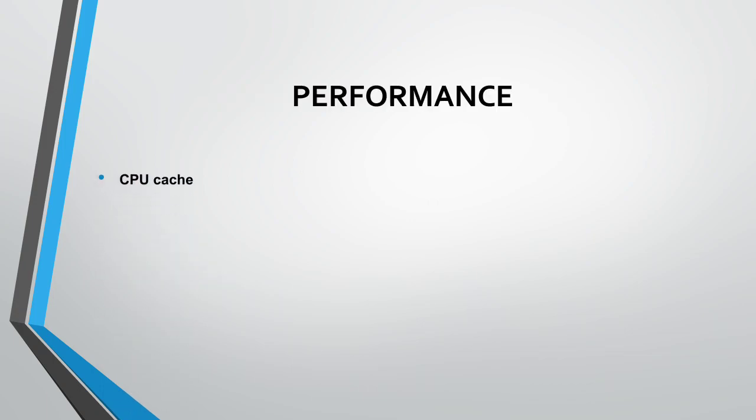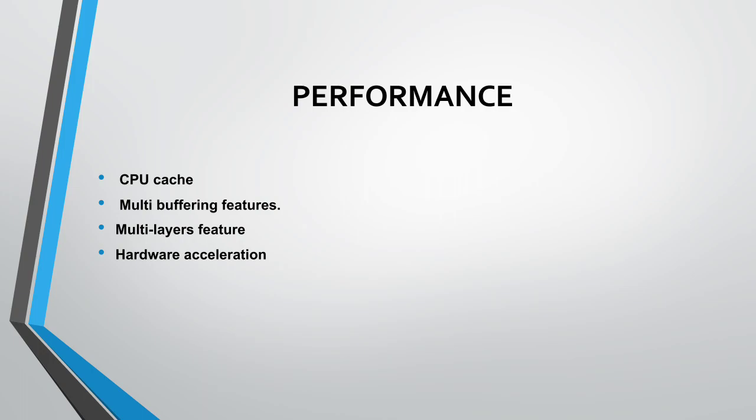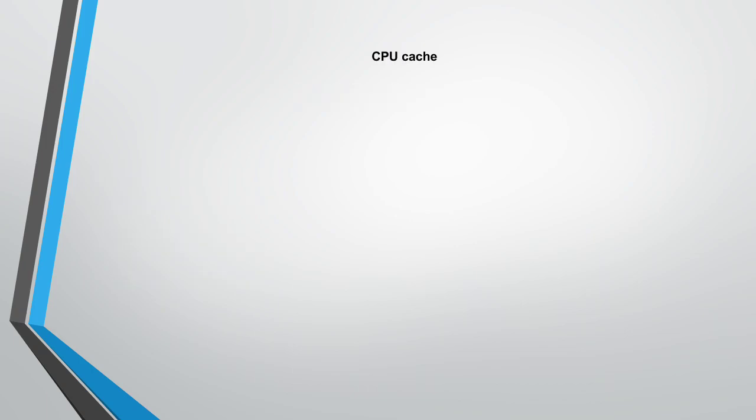CPU cache, multi-buffering features, multi-layer features, hardware acceleration, and hardware JPEG decoding are the extra performance topics which we are going to check with this STM32H7. CPU cache, let's get into it.